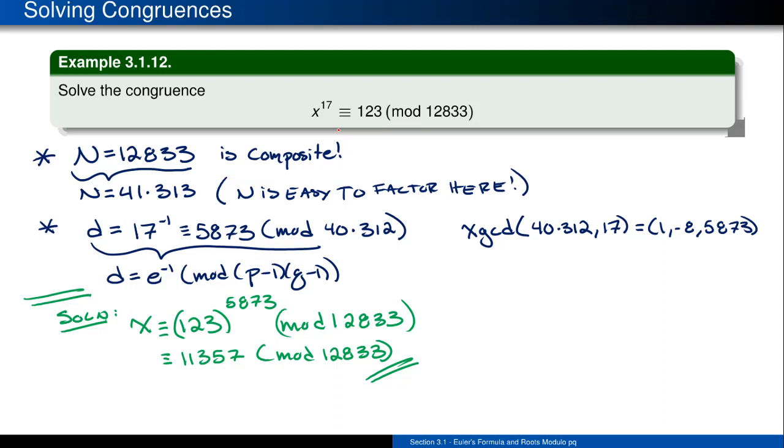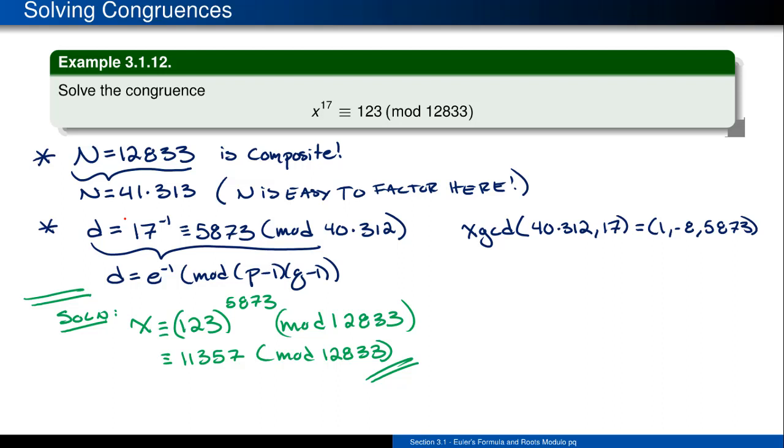So my inverse d is going to be the inverse of that exponent, so that's 17 modulo p minus 1 times q minus 1. So in this case, modulo 40 times 312. In this case, 17 is in fact coprime with that product. They don't share any factors. And if I run this extended Euclidean algorithm, you can actually see why that's going to be.